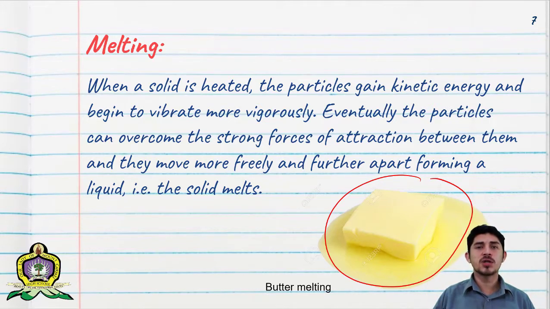Then they form something that we know as a liquid. So butter melting is an example of how solids can easily enter the liquid phase with the addition of energy.